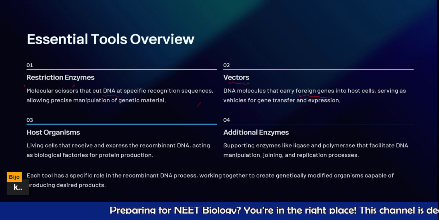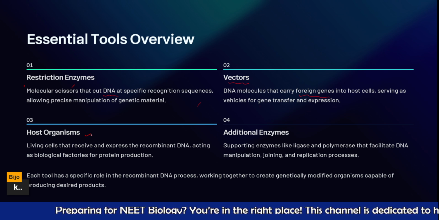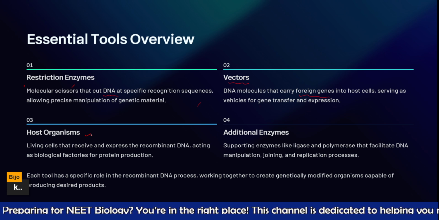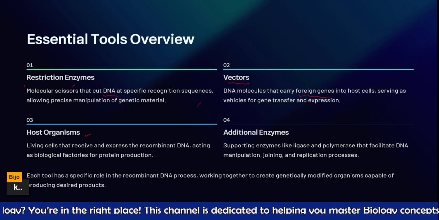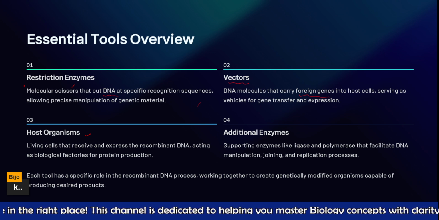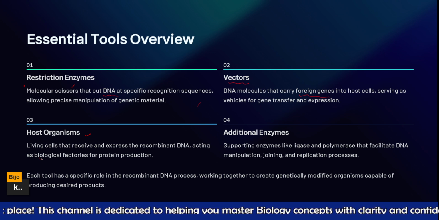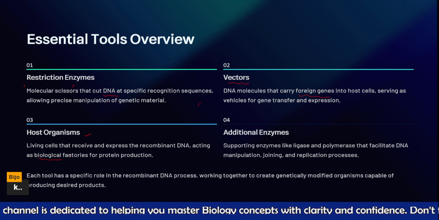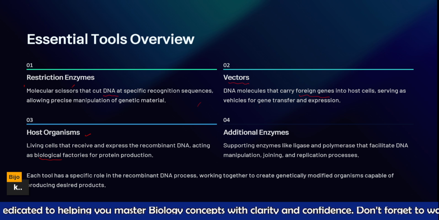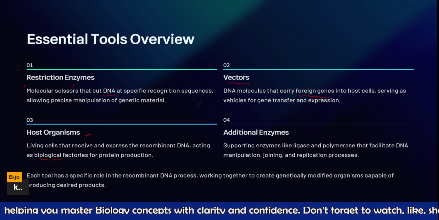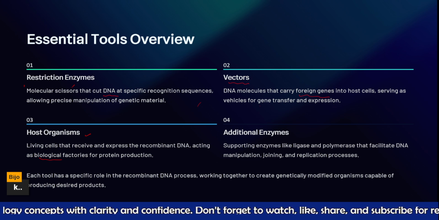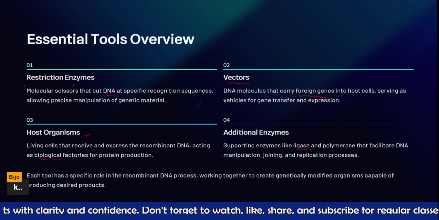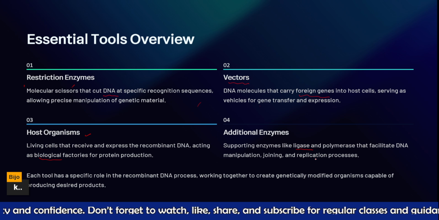Then another tool is the host organism. Some living cell is required to receive the recombinant DNA. Those host organisms act like biological factories for the protein production. In addition to these three different tools, certain enzymes are also required. For example, DNA ligase. I have told you DNA ligase, what is another name?